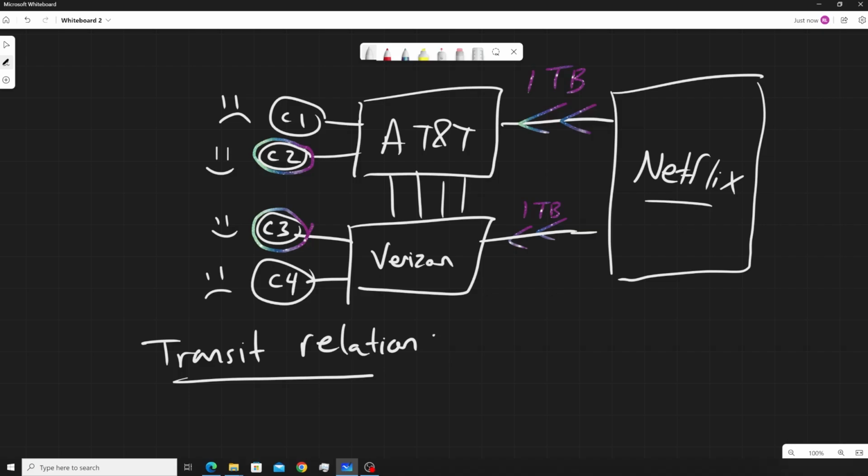So in this case, an autonomous system will pay to have their messages delivered. Okay, so this is the other type of relationship, the transit relationship.